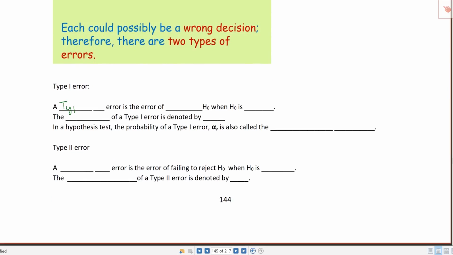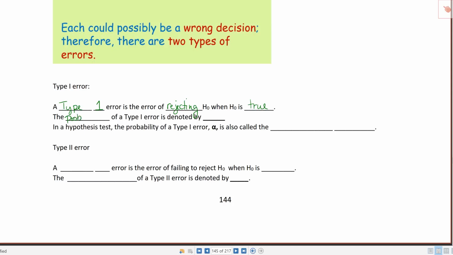So a type 1 error is the error of rejecting the null hypothesis when really the null hypothesis was true and you should not have rejected it.